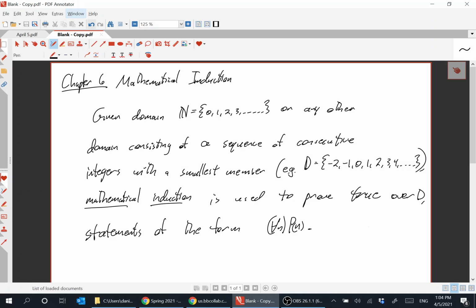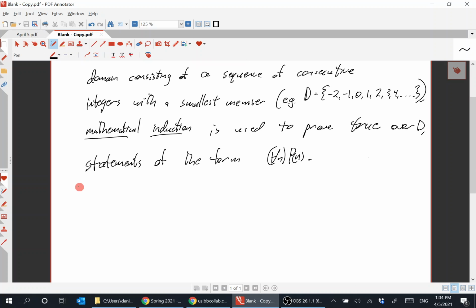Okay, and the first principle of mathematical induction, so there's a first and a second. We call them the first and the second, but actually there's only one. They're logically equivalent to each other.